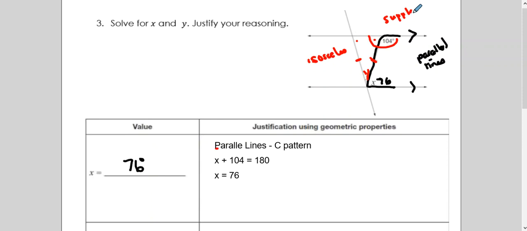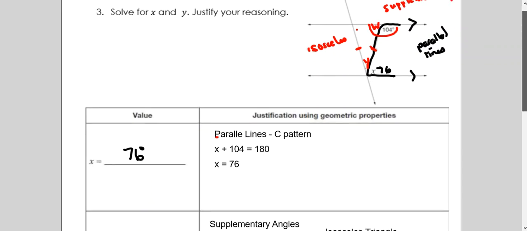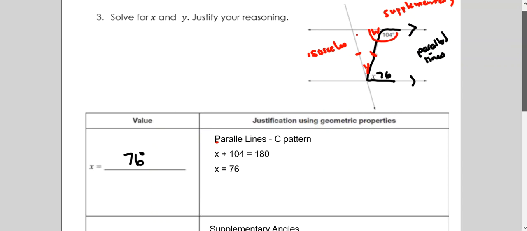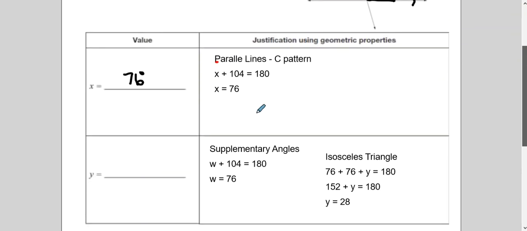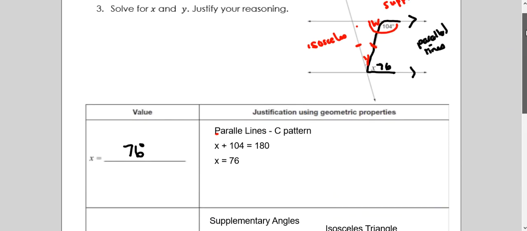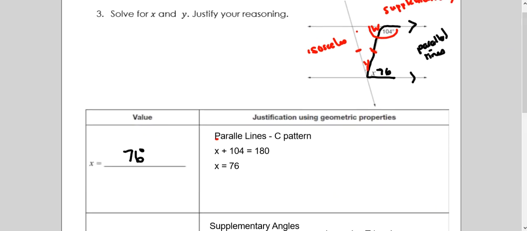That's a supplementary angle. So let's call that maybe W right there. If we take that, we can figure out what W is. So we found that as 76 degrees as well. So that part right there is 76.